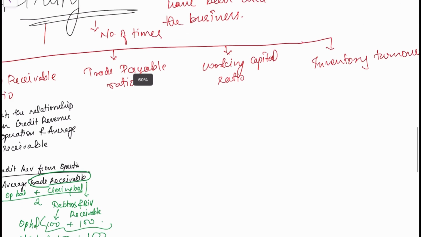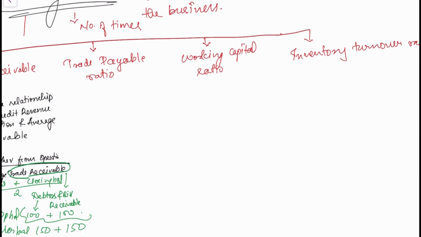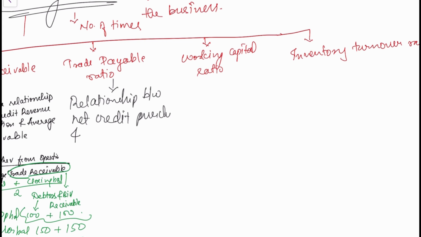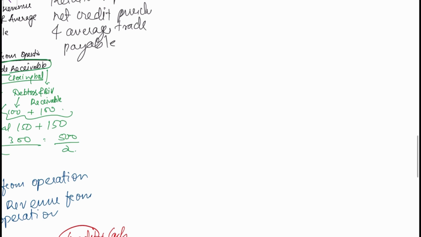Then next we can move on to the trade payable ratio. It shows the relationship between net credit purchase and average trade payable. So what is the formula?